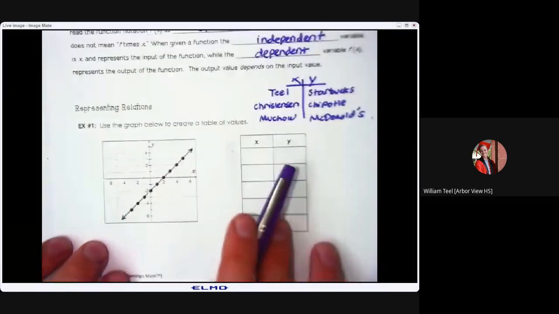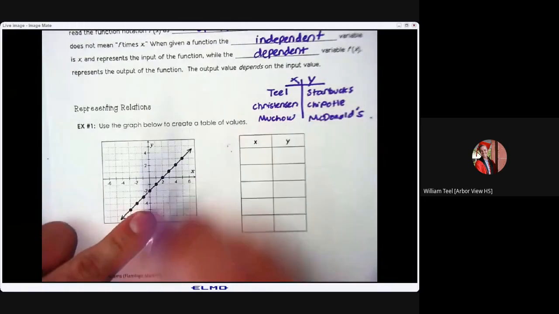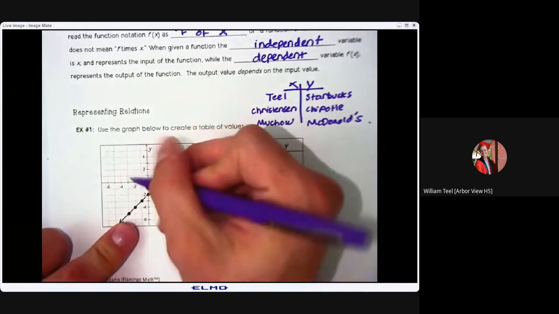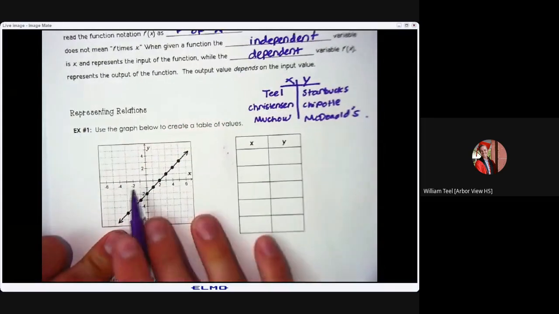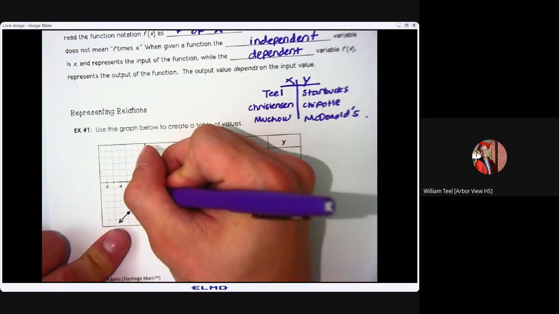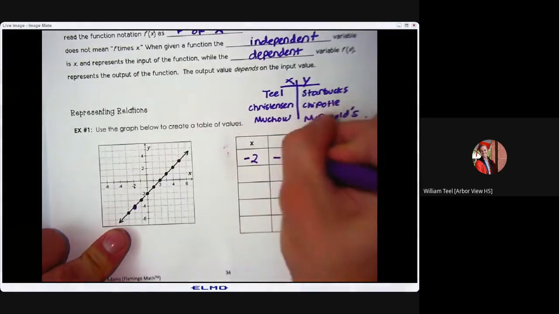So let's go ahead and see if this relation is a function. There's a couple ways we could do this. The first way, we could create a table of values. So let's look at some of the coordinates that we have on this graph and write some of the ordered pairs. I'm going to start at -2. At -2, my coordinate point is (-2, -4).